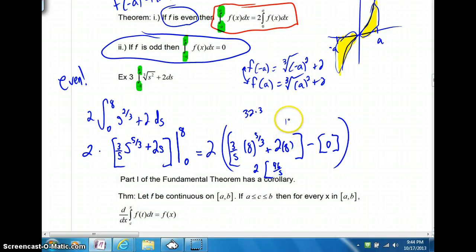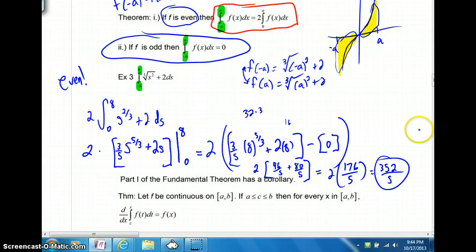And here we have 16, but 16, if we got a common denominator of 5, that's 80 over 5. 96 plus 80, of course, is 176. And then don't forget we still have this little 2 out in front. When we multiply by the 2, we will get 352 all over 5.